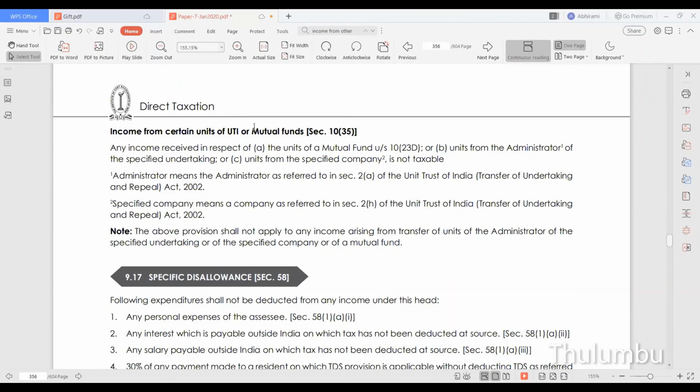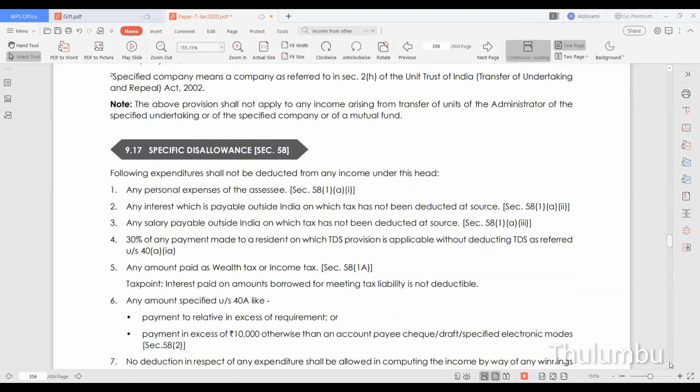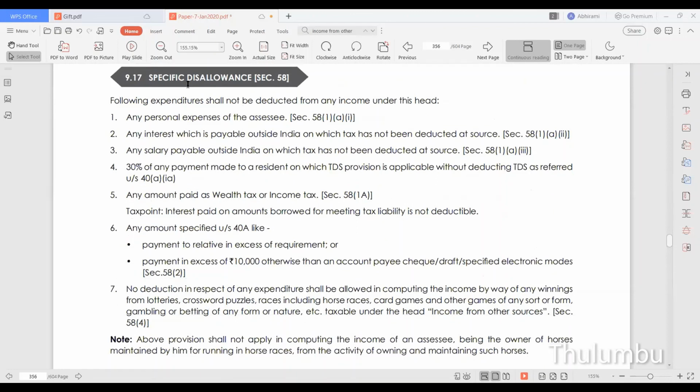Income from mutual funds or UTI is not taxable. Then we have certain specific disallowances. Personal expenses cannot be deducted. Interest payable outside India without deducting TDS cannot be considered. Salary payable outside India without TDS cannot be considered.